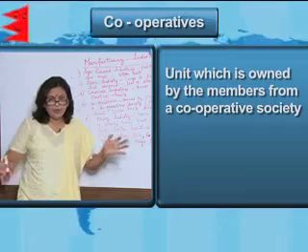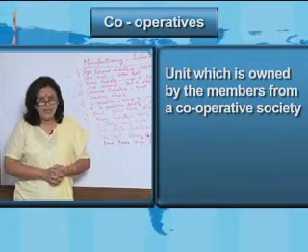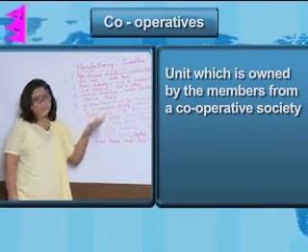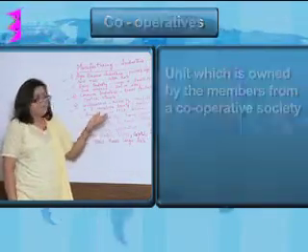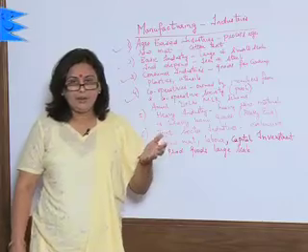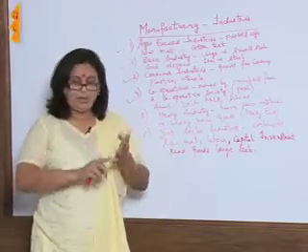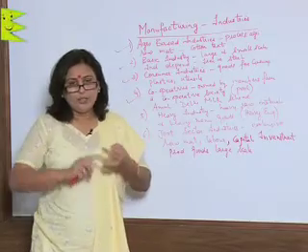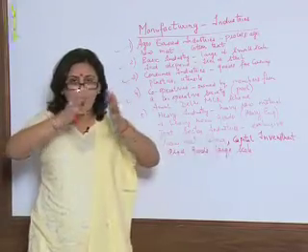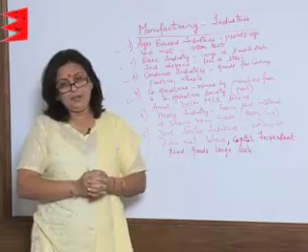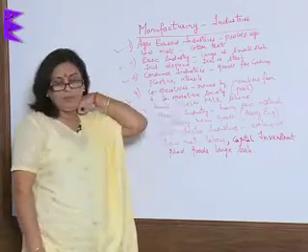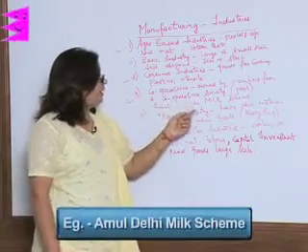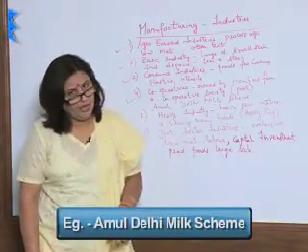They all join hands, come together and start an industry or a unit, and they decide that they are going to pool everything, the money that they have, and share the profit and the losses whichever are there. So, in fact, all the people become as one individual. The best example that we know of a cooperative is the Amul Delhi milk scheme that we have.